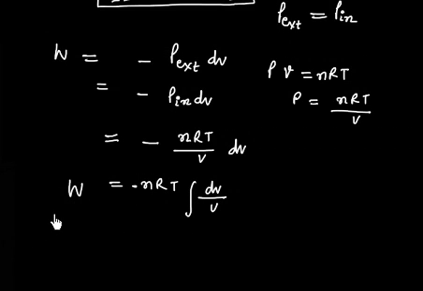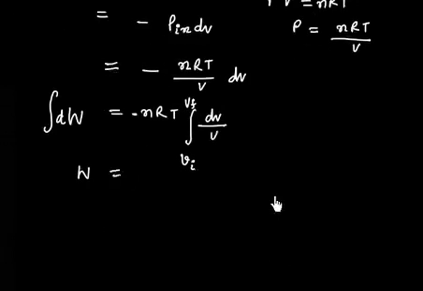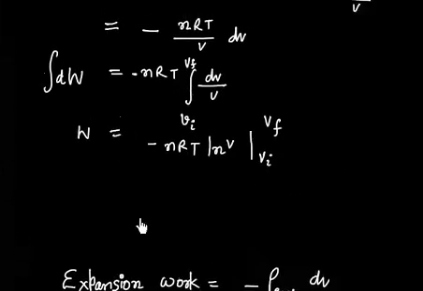I can integrate this one to get the total work. So let us say I have a small work, I can integrate to get all the work. So work done is basically the sum of all the work. Integration is nothing but summation, and initial volume is Vi and the final volume is Vf. So we will have minus nRT, and if you know integration, this is nothing but ln V. Limit goes from Vi to Vf.